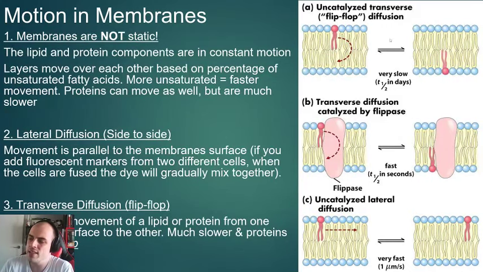Now it's very difficult for this phospholipid to be able to do this because obviously this polar head is hydrophilic, these tails are hydrophobic, so it doesn't want to flip around to the other side. It can do it, but again, very, very slow, and it's not something that happens frequently.